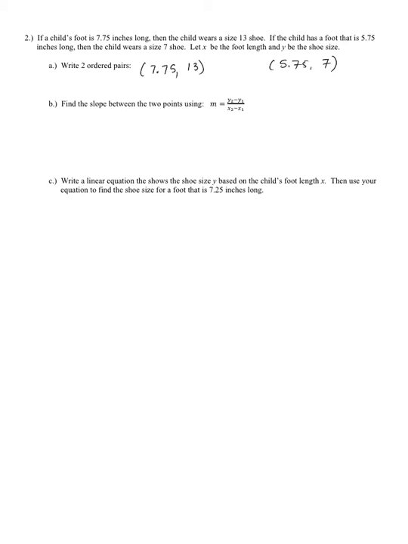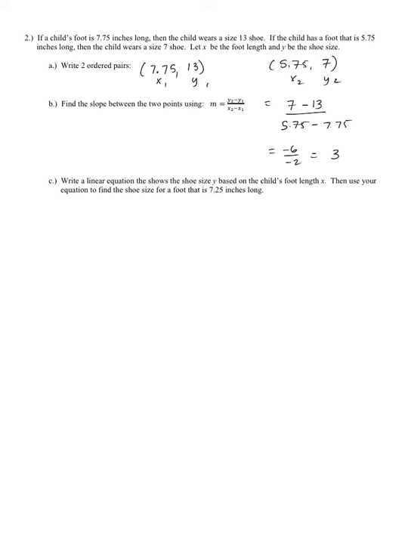For the slope, we have 2 points, x and y for the first one, x and y for the second point. So we get 7 minus 13 all over 5.75 minus 7.75, which gives us negative 6 over negative 2, so that is 3.